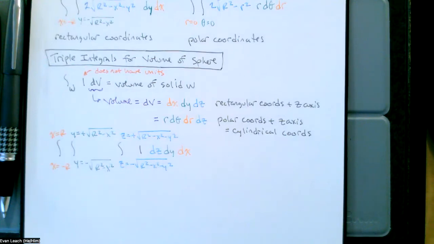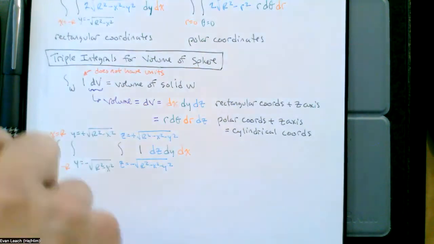So the first thing we would integrate is 1 dz.